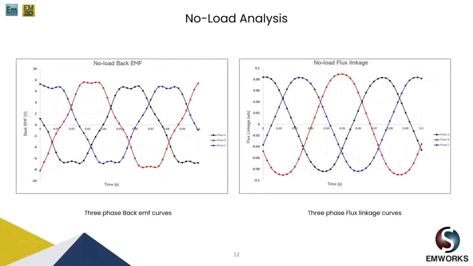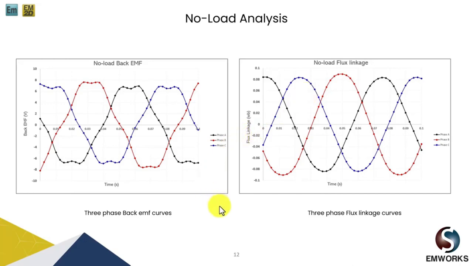For this model we have obtained a back EMF voltage of around 7.5 volts, and the flux linkage is good enough, which is around 0.085 Weber. Magnet flux linkage is nothing but the rate of magnetic field linking through a given conductor, and since it's at no load, it's mainly due to the magnets mounted on the rotor core. This waveform was also obtained at the base speed of the motor with no load or no excitation.